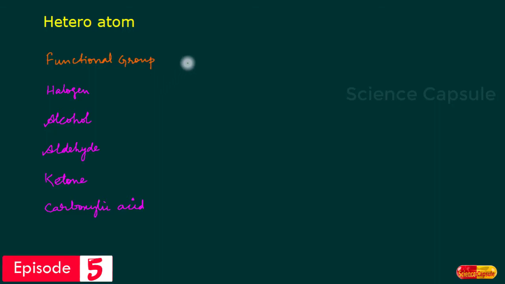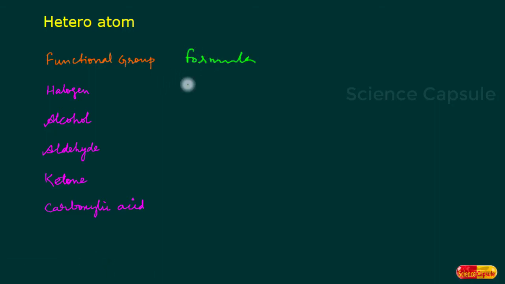Let us find out the formula of the functional groups. First one is halogen. Under halogen, fluorine, chlorine, bromine. Let us see the formula of the functional groups or the heteroatoms. If it is fluorine, then we make a line and the symbol of fluorine. For chlorine, we write like this.